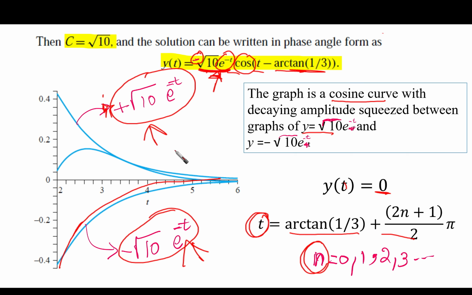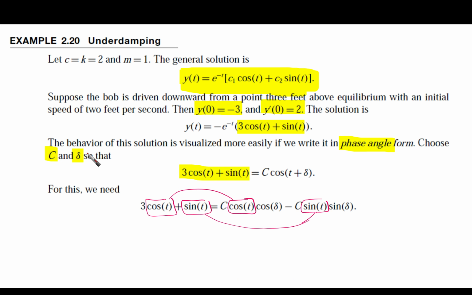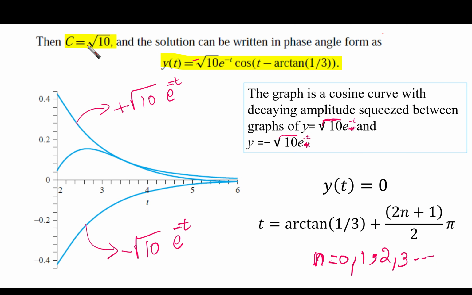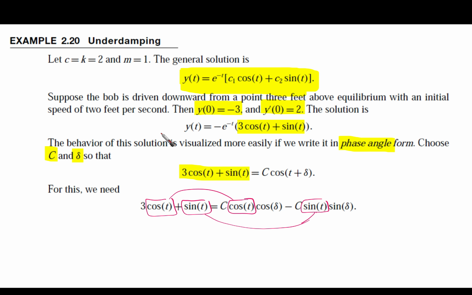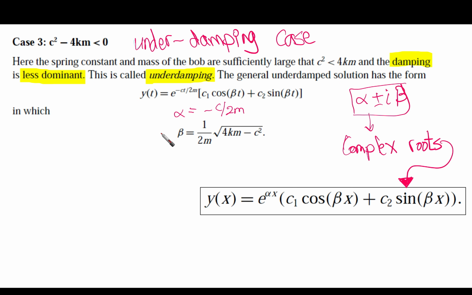This is why we call it, if you remember, underdamped. Underdamped means that damping is not the dominant one. As we said here, damping is less dominant.